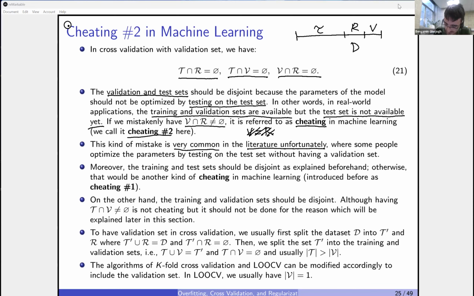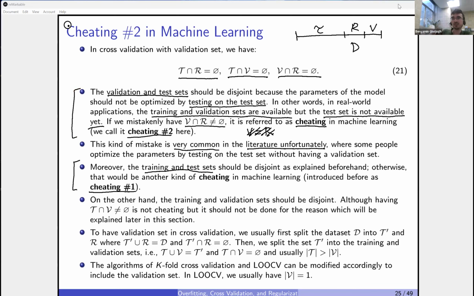Moreover, the training and test sets should be disjoint. So here we said that the test and validation should be disjointed. Also in cheating number 1, which we discussed before, we said training and test should be disjointed. Otherwise, it's cheating number 1 because you're not supposed to have leak information from test to your training. Right? So we have 2 types of cheating.